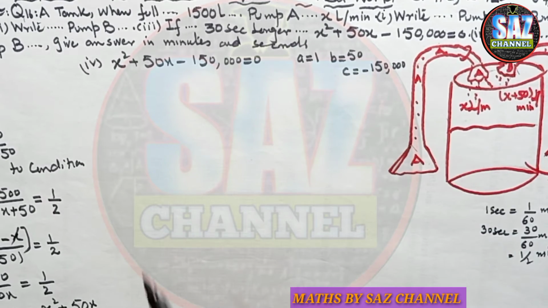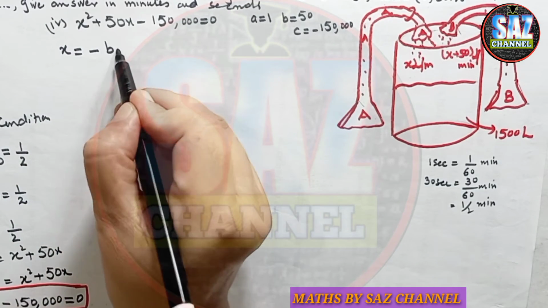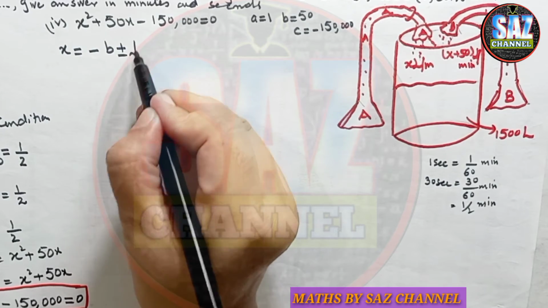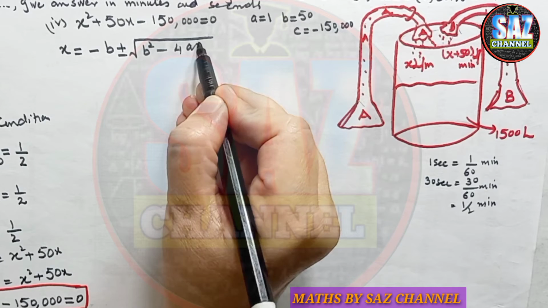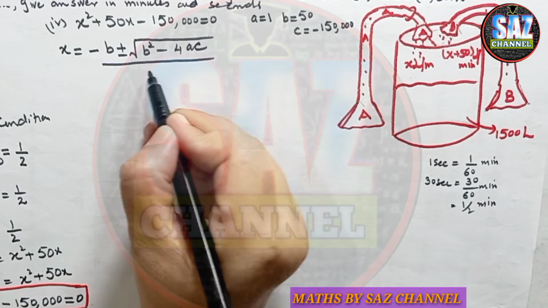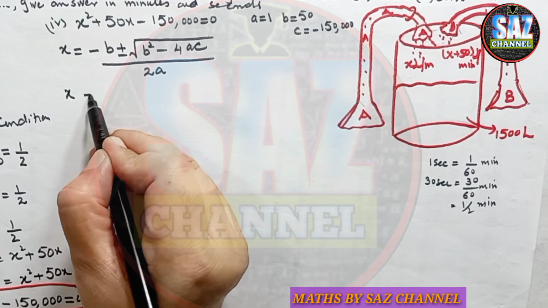Okay, now write down the formula. X equals minus B plus minus the square root of B square minus 4AC upon 2A. Replace the values carefully.